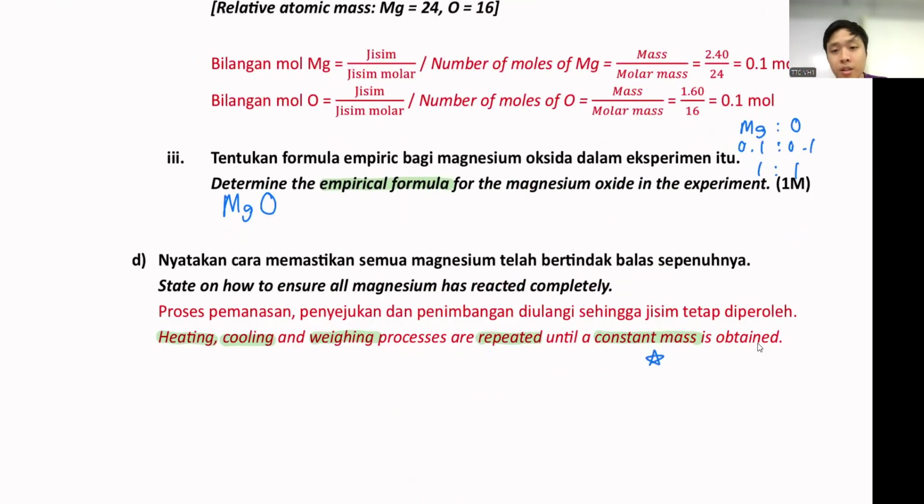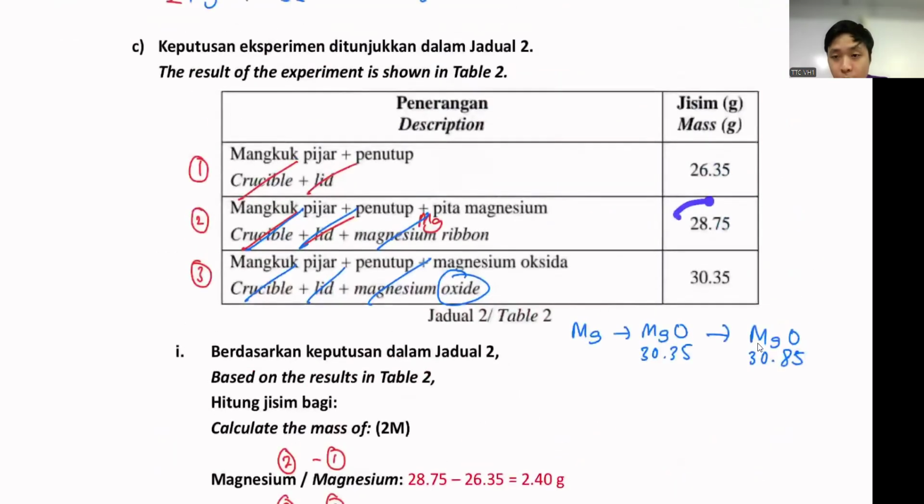Constant mass means you won't see the changes anymore. Normally you see increment. Notice from 28.75, you heat until it increases to 29, 30 like that. So why does it increase?